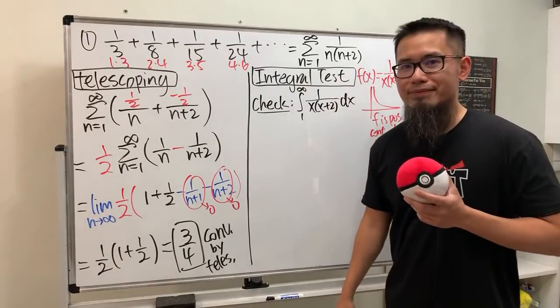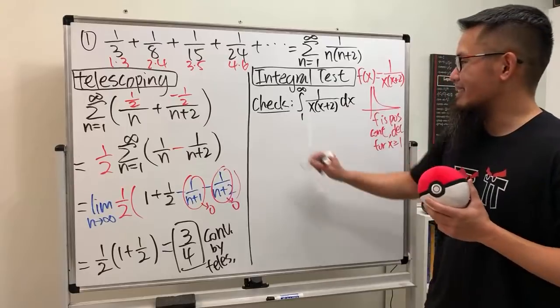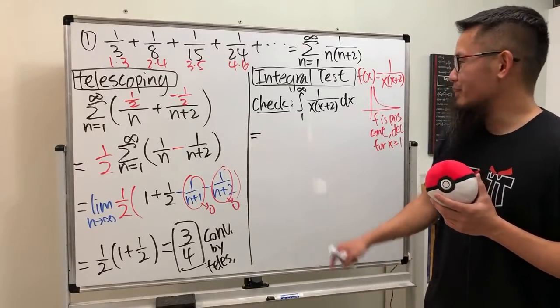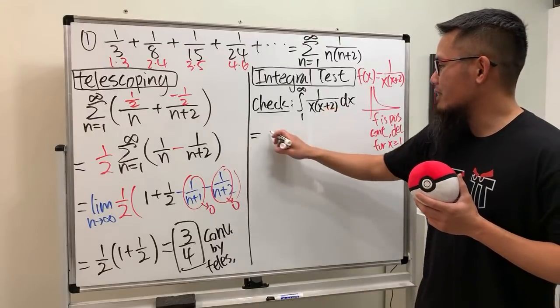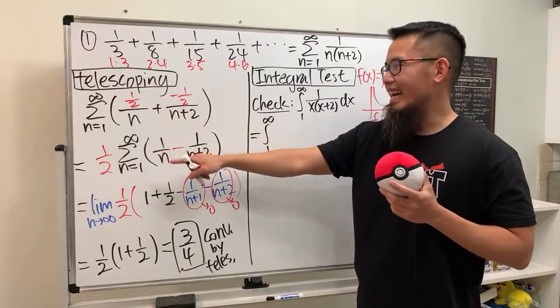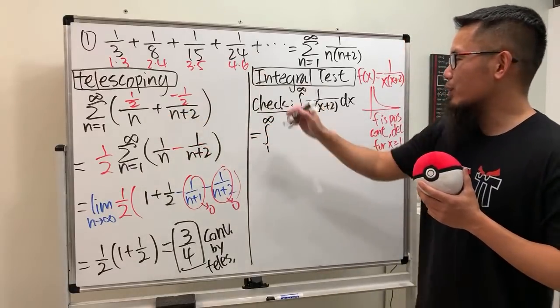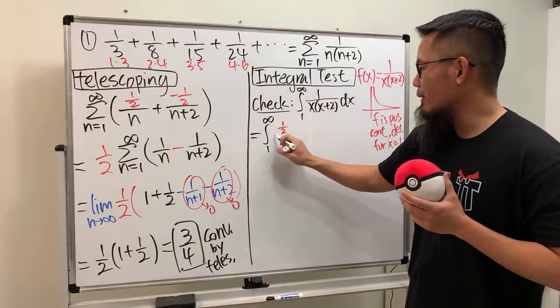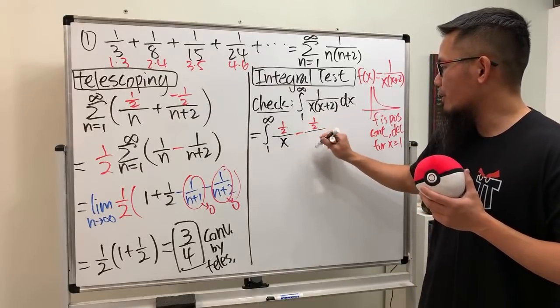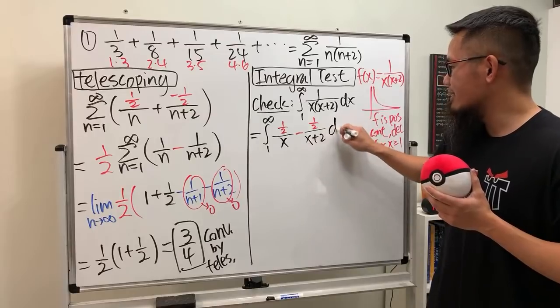All right? So to do this, in fact, it's pretty similar steps because we can just do the partial fraction. So this is the integral going from 1 to infinity, and we'll just look at that and put down x instead of n. So we have 1 over 2 over x, and then minus 1 over 2 over x plus 2.